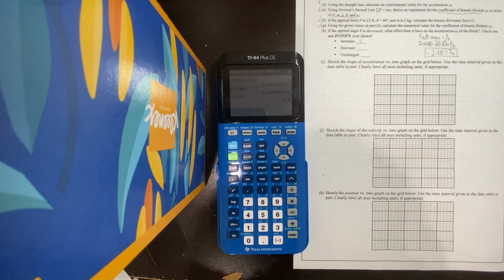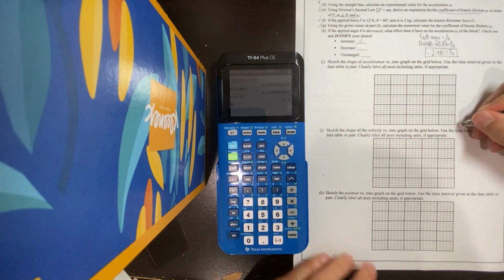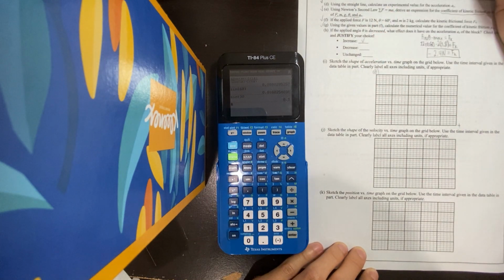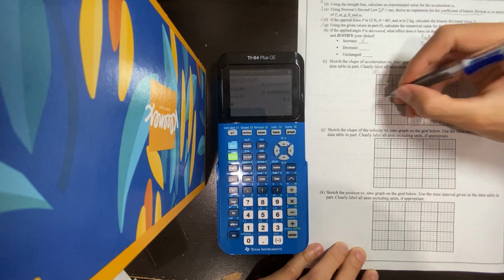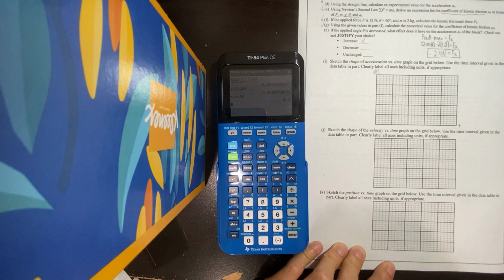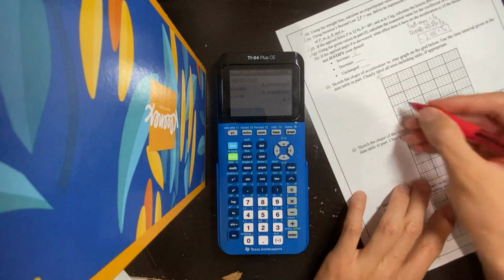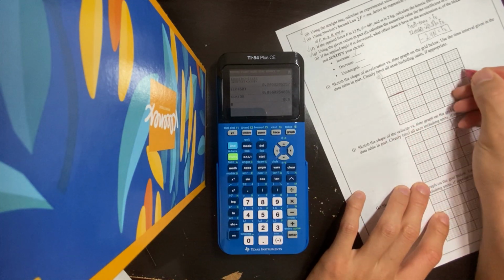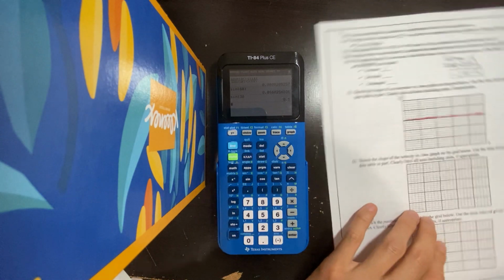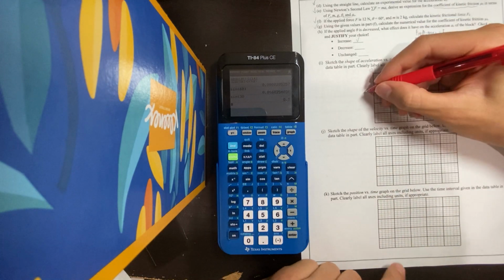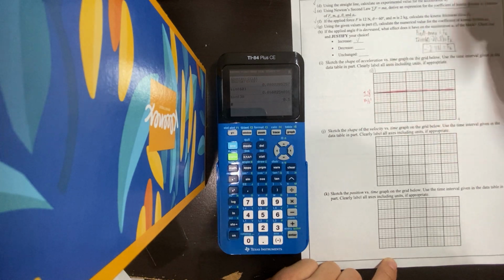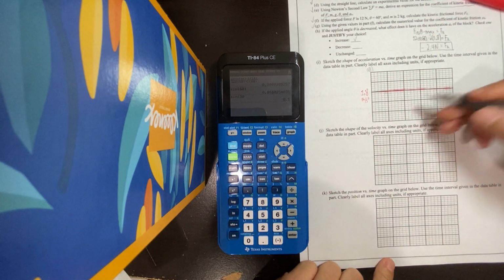And sketch the acceleration versus time graph. Well, it's t and it's a of t. Acceleration is going to stay the same, right? So it would just be a straight line across. Let's use a brighter color so you can see this better. It'll be a straight line across, and it'll be the 1.8 meters per second squared that we had, which was the experimental value, of course.